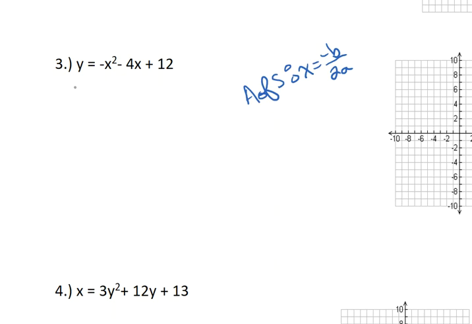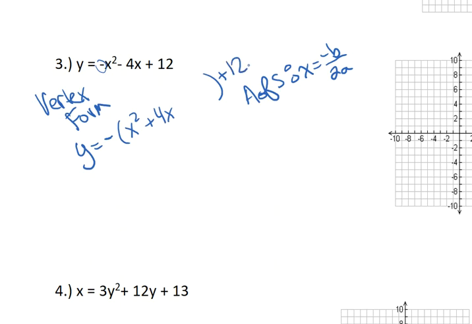The other way we talked about is to change it to vertex form. And to do that, again, as a reminder, we want a to be 1. So what we're going to do is divide those first two terms by negative, and then we push out that 12. We're going to complete the square right here. So it's b over 2 squared, so that's going to be 4. And what we do is we're going to keep this balanced.